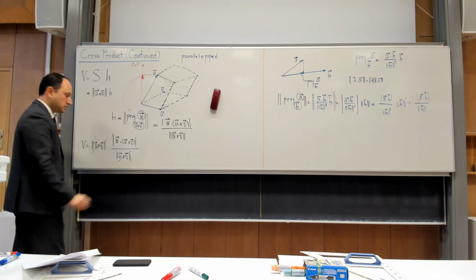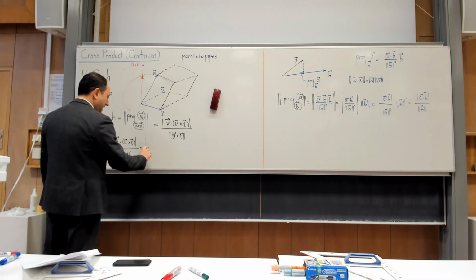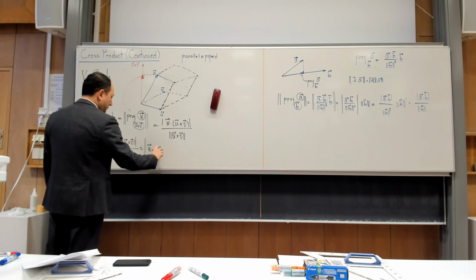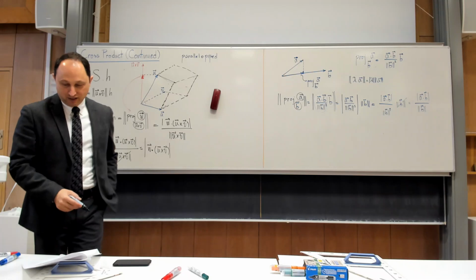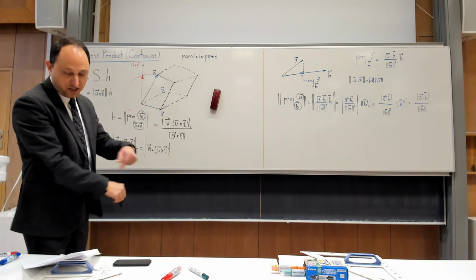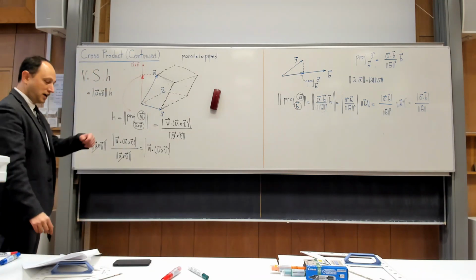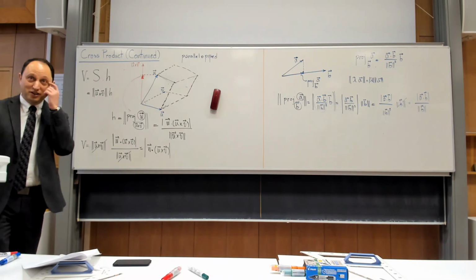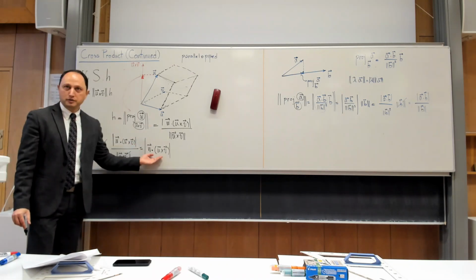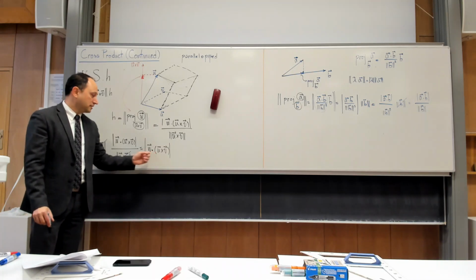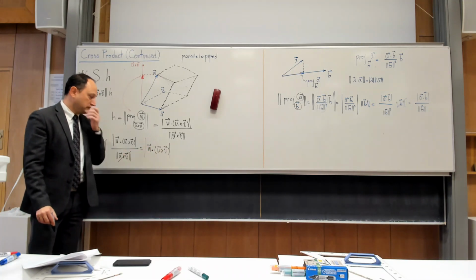So they are cancelled. And what you get is the absolute value of this triple product, but unfortunately in this order. Now I realize when I was writing this book, I changed the letters in a different way. I was thinking why I did this. Now I understand why I did this. Because this is not exactly what I defined for you. But that's also a triple product, yes? The triple product between U, V, and W.